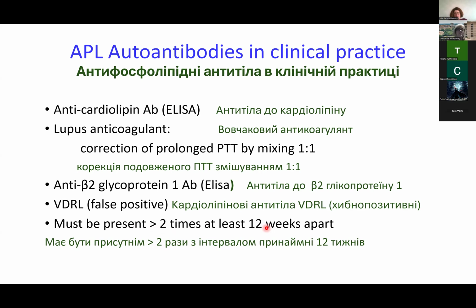There's some patients that will be positive one time, but then the next time they're not, and the next time they are. So this requirement for 12 weeks apart, I would say can be a little bit loose, especially if the patient has a lupus anticoagulant and they're having any of those other clinical manifestations.